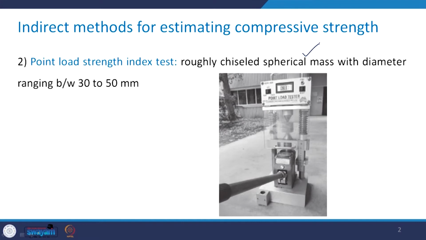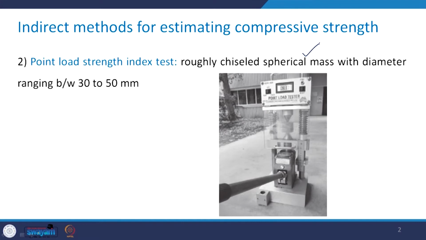I already mentioned that whenever you have these sharp edges, which you can have in an irregular specimen, as I showed you in earlier classes, we need to give light blows of hammer and simply smoothen that out, and roughly we need to get, in this point load strength index test, this spherical mass, and the diameter can range between 50 to 30.